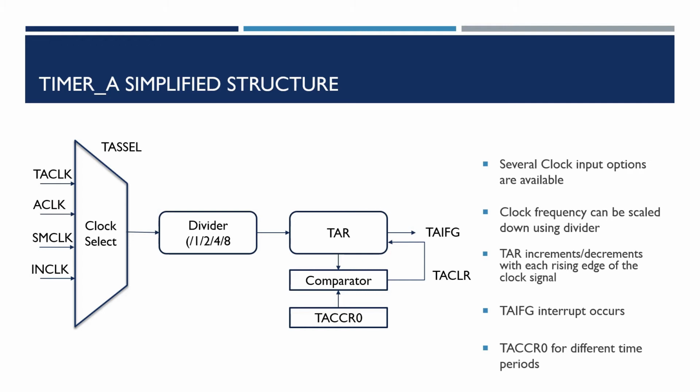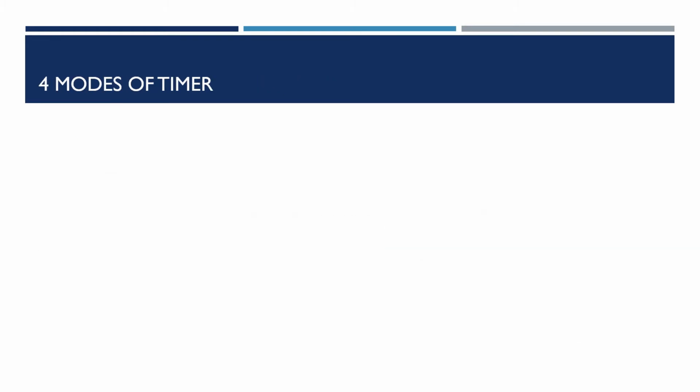And that would be the CCIFG interrupt, which is your capture compare interrupt. We can also clear the TAR using something called the TACLR bit. And the moment you clear the TAR, all the settings just vanish and you have to start off again.